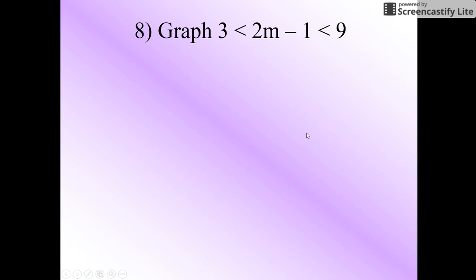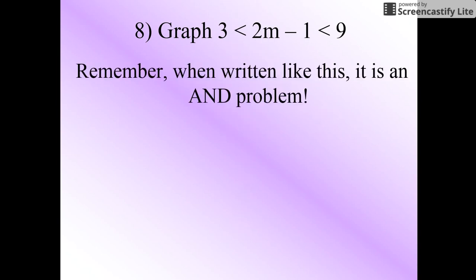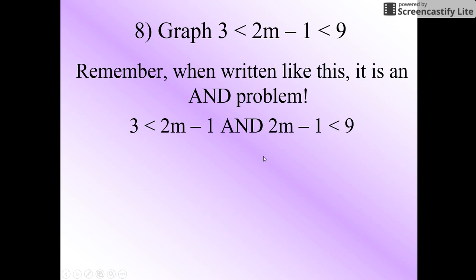In this next one, we're going to graph 3 is less than 2m minus 1, which is less than 9. The first thing that we want to recognize is because it is written together, this makes it an and statement. Remember, when we're solving an and statement, we can rewrite it so that it's two inequalities: 3 is less than 2m minus 1, and 2m minus 1 is less than 9.